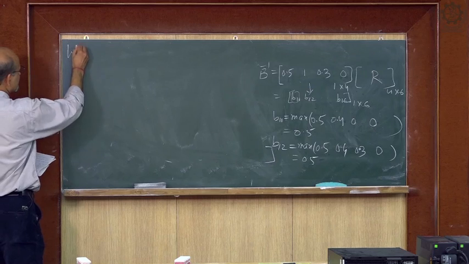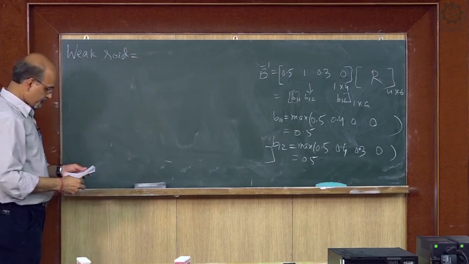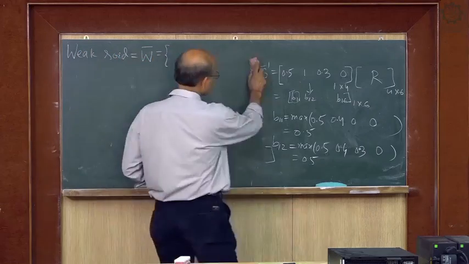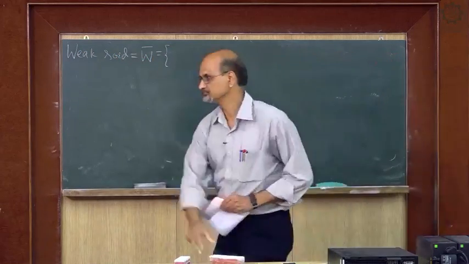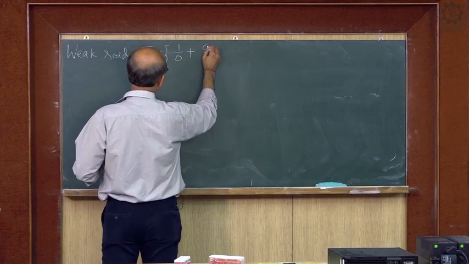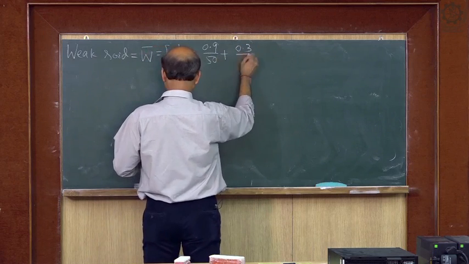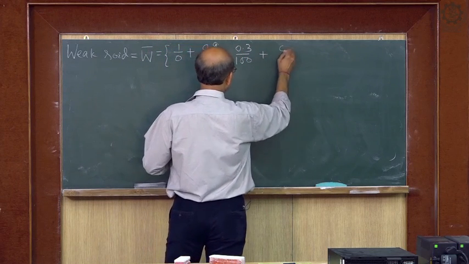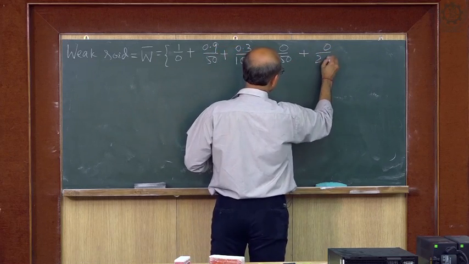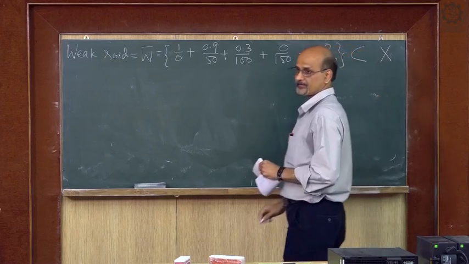Suppose I denote weak soil by fuzzy set W bar and this is given as 1 by 0 plus 0.9 by 50 plus 0.3 by 100 plus 0 by 150 plus 0 by 200, and this is in capital X.